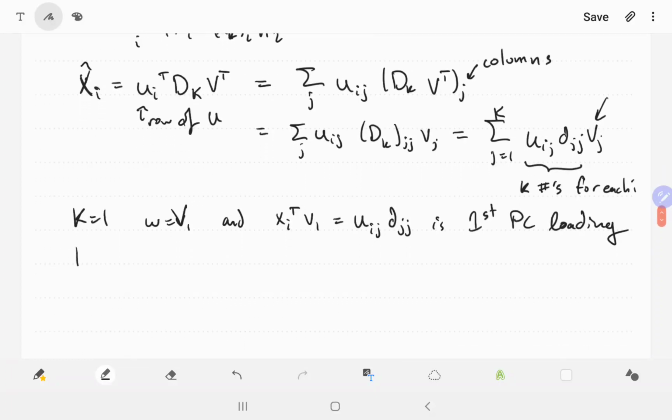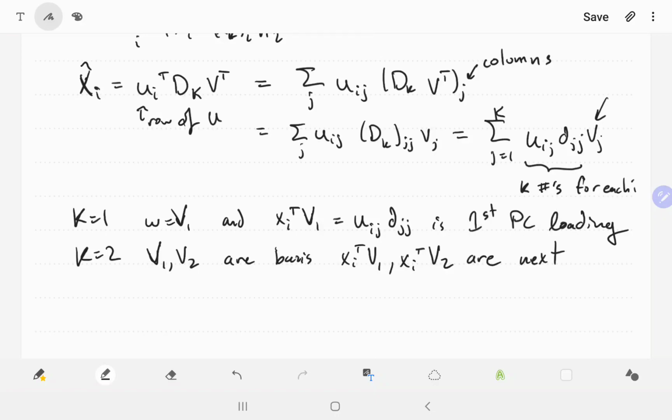And for k equals 2, we have v1 and v2 as the basis. Then we have that x_i transpose v1 and x_i transpose v2 are the next PC loadings, principal component loadings, and so on.